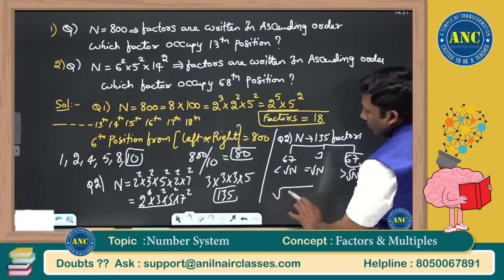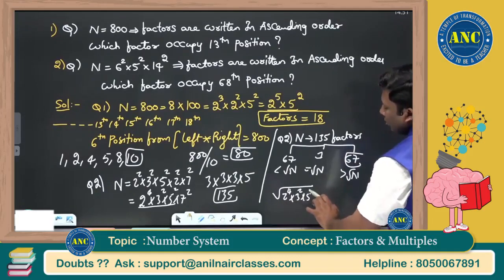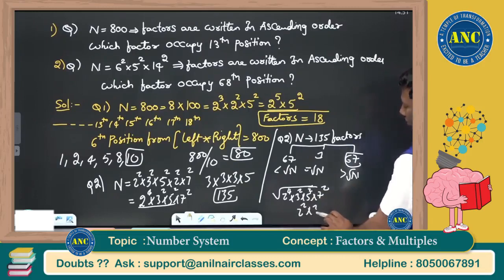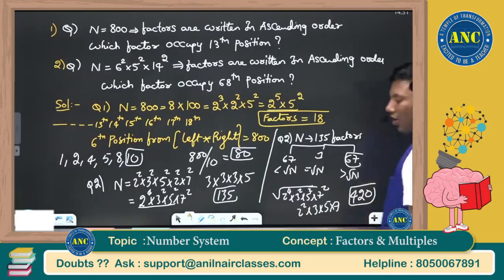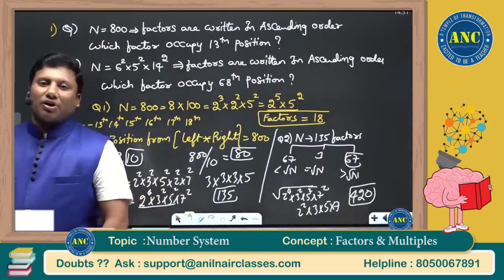Root n, that means root of 2 power 4 into 3 square into 5 square into 7 square, which is 2 square into 3 into 5 into 7. 4 3s are 12, 12 5s are 60, 60 7s are 420. Which factor occupies the 68th position? Answer is 420.